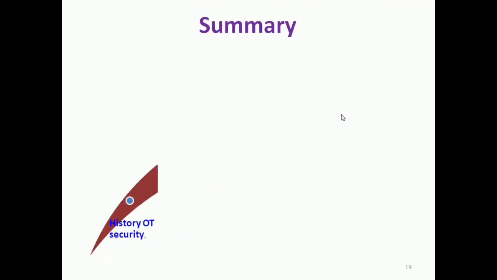Finally, we have the summary. We have so far discussed the history of operation technology security with the help of some vulnerability data, and we have seen structured malware and other concepts.